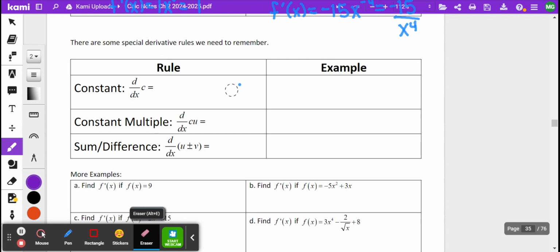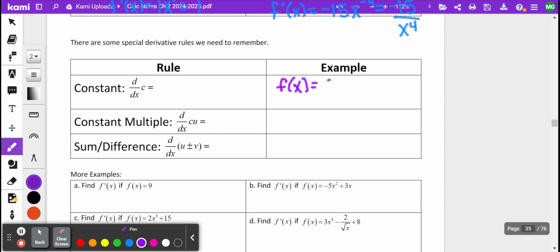So let's take a look first at the derivative of a constant. Well, if you think about it, if you take the derivative of just a number, I'm going to actually give you the example and then the rule. If I told you to find the derivative of this function, well, we have x to the 0 here kind of as an understood value, right?